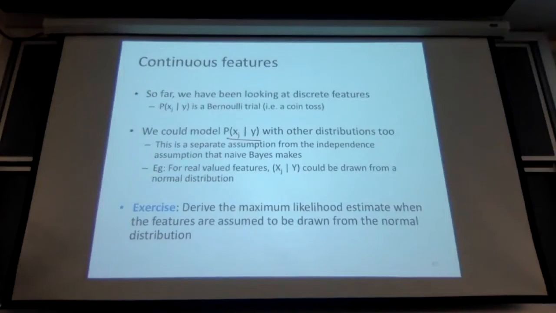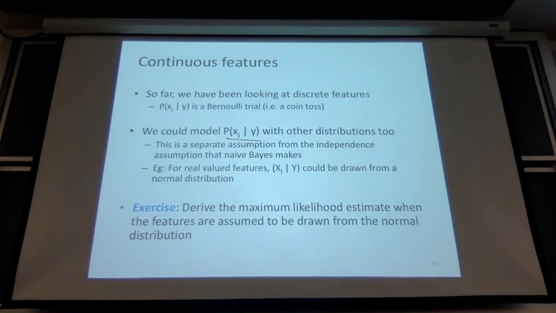Basically, working through the whole naive Bayes thing. Maybe this is the homework question, or maybe not. There's a naive Bayes question involving normal distributions. Anyway, try this out.